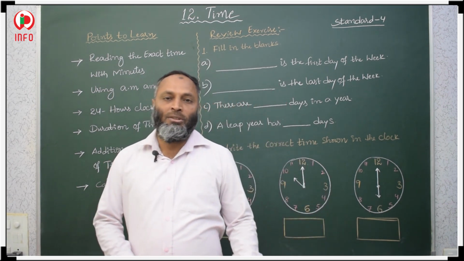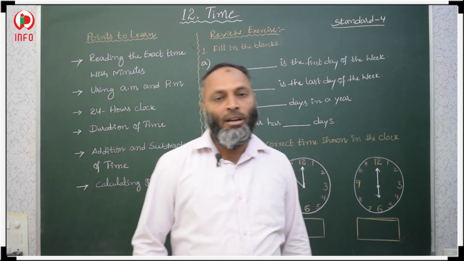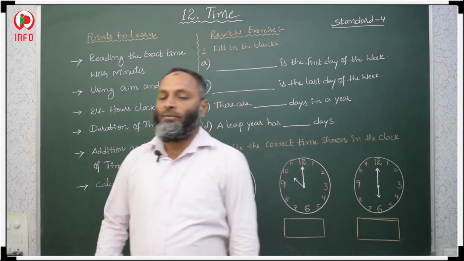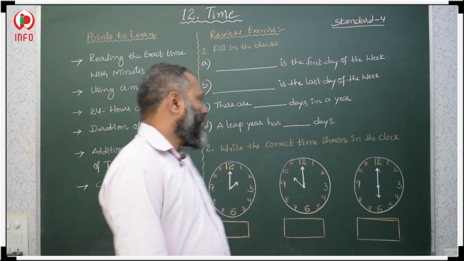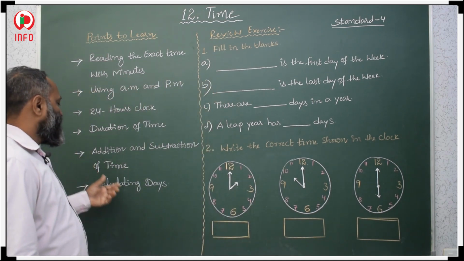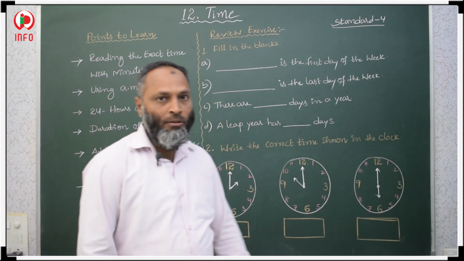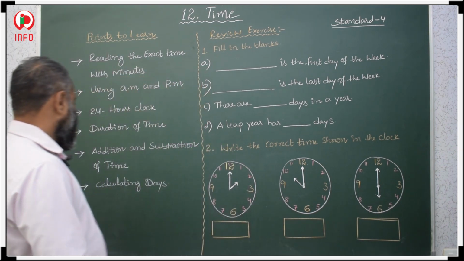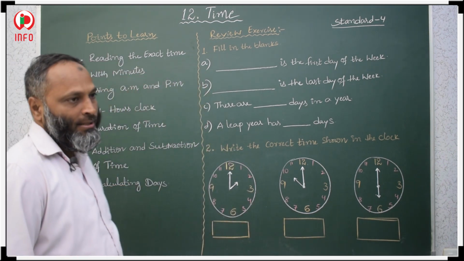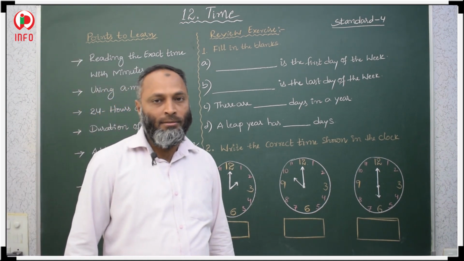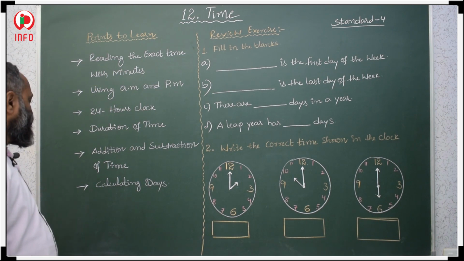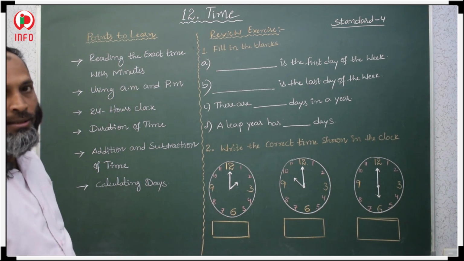Then addition and subtraction of time: how to add and how to subtract time. The next one, calculating days. In total, these 6 concepts we are going to discuss in this chapter.